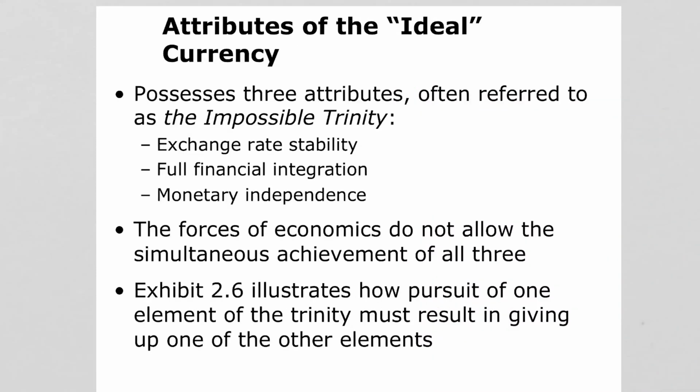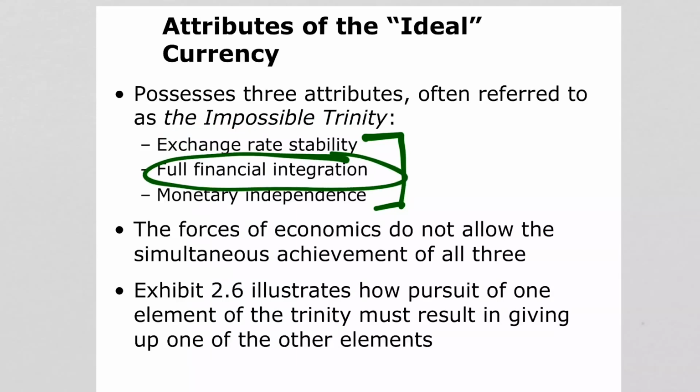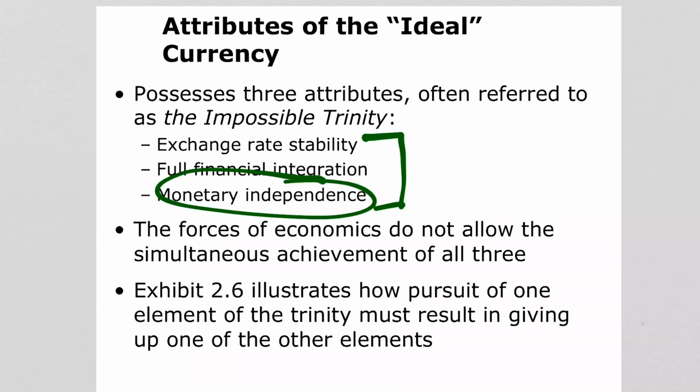These trade-offs are reflected in something called the impossible trinity. Ideally, you'd like to have exchange rate stability, but you'd also like to have lots of money flowing in and out of your country, because that facilitates trade and investment. And at the same time, you want your central bank to have something called monetary independence.